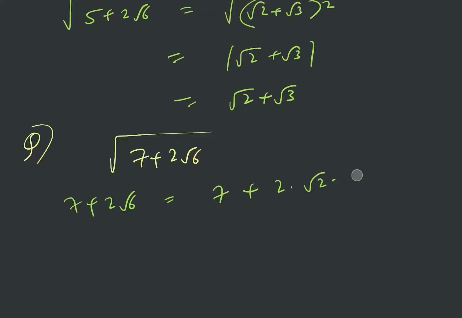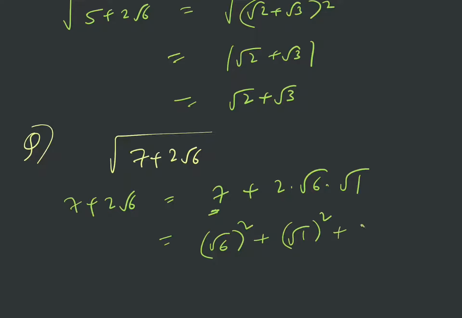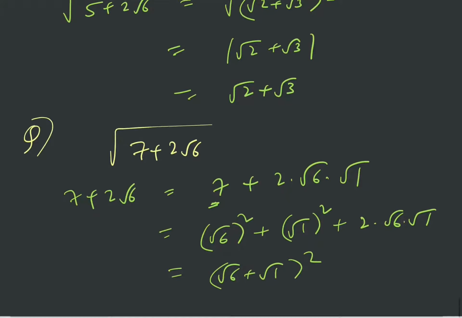So square root 6, let us write it as square root 6 into square root 1. And now you can see 7 I can write as 6 plus 1, and 6 is nothing but square root 6 whole square plus square root 1 whole square plus 2 into square root 6 into square root 1. So this is square root 6 plus square root 1 whole square.